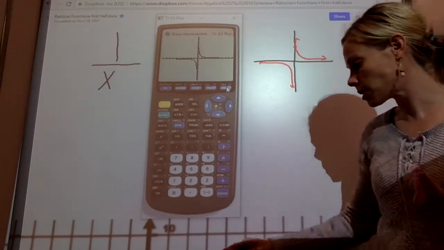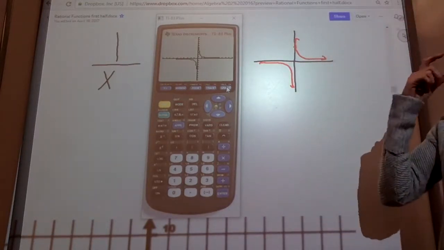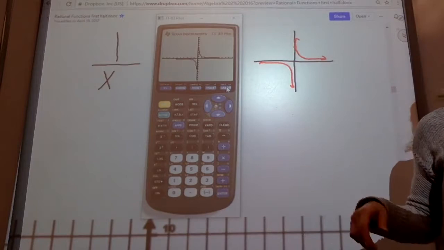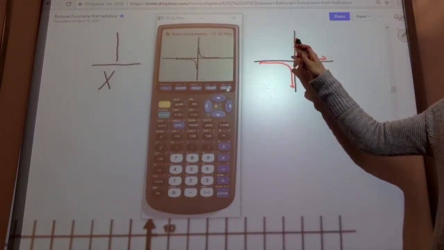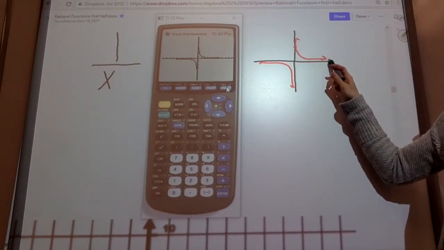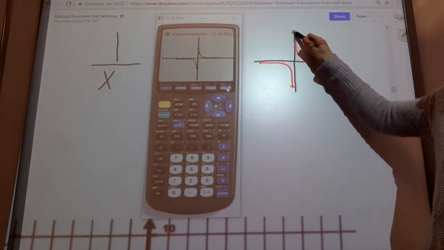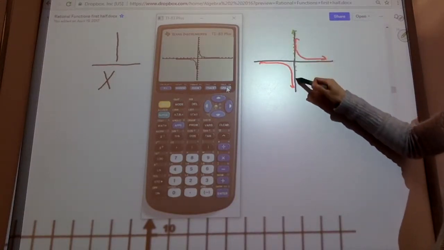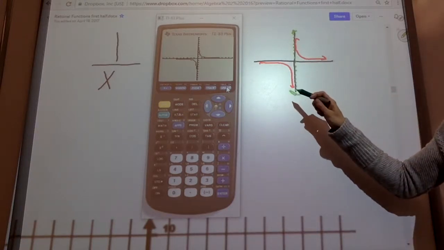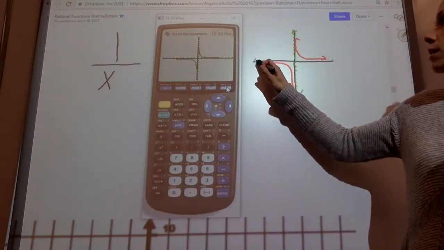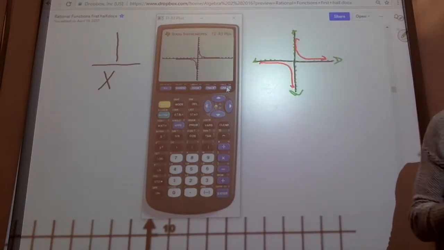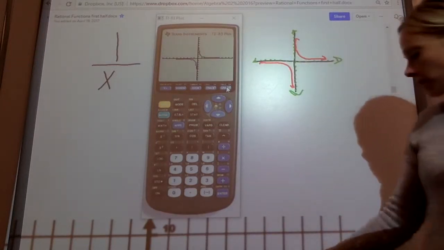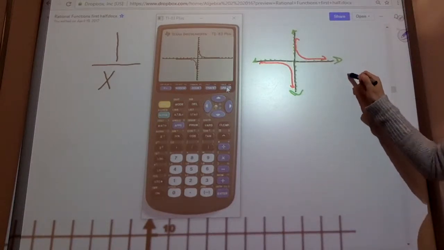We studied those a little bit last chapter, but they're going to be a little more relevant to us in this chapter. Since it gets close to the y-axis here, this would of course be called our vertical asymptote, and this one here is called our horizontal asymptote.